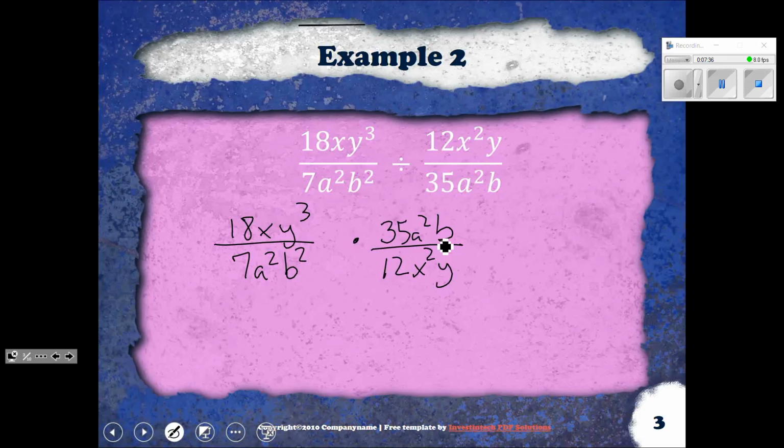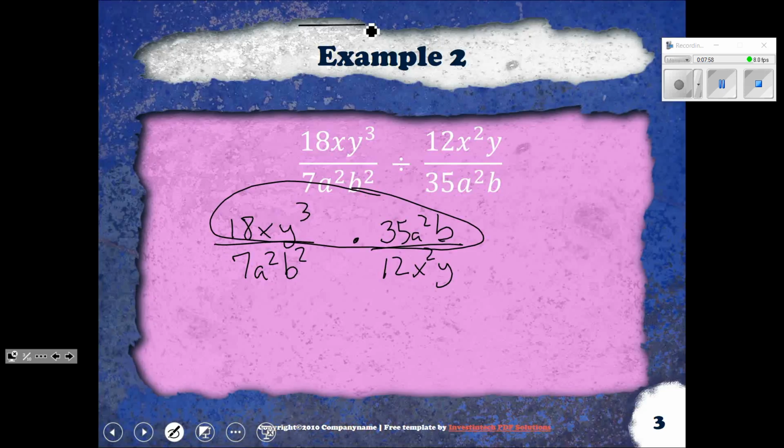Any questions on that so far? Someone said, we're going to skip, flip, multiply. How many have heard that before? Skip, flip, multiply. If you understand that, you know, copy, change, flip, keep it, change, and flip it, multiply by the reciprocal. Either way you go. Okay? So let's multiply across.